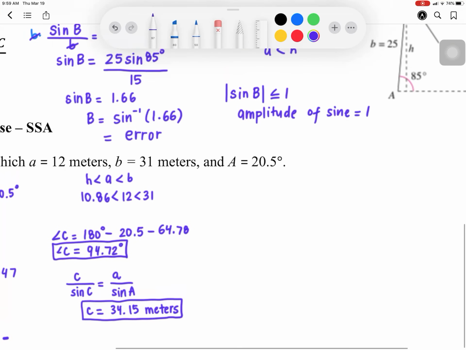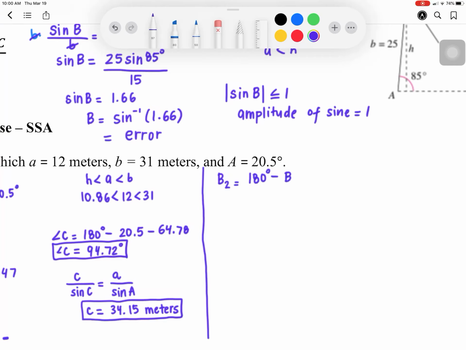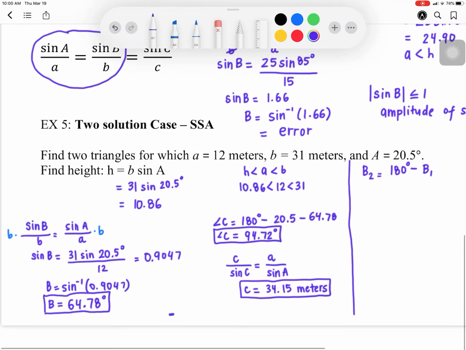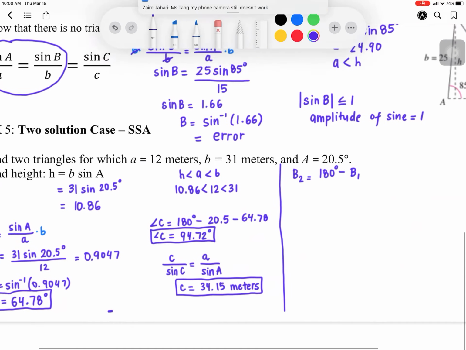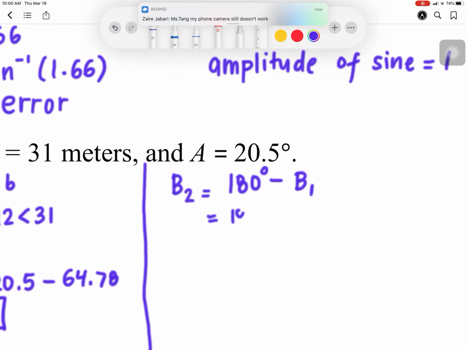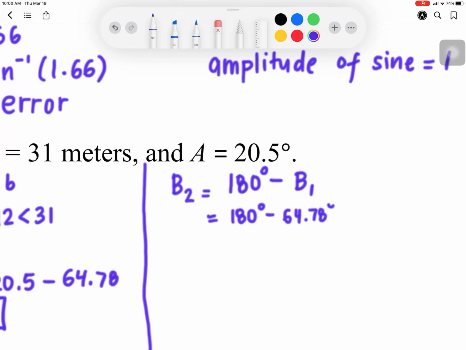Okay, I'm going to scroll back down here. We're going to find the other possible triangle. So B2, like I mentioned, you go ahead and take 180 degrees and minus B1. And B1 is whatever you found on the left side right here, 64.78. So we're going to do 180 minus 64.78 degrees, which should give us 115.22.